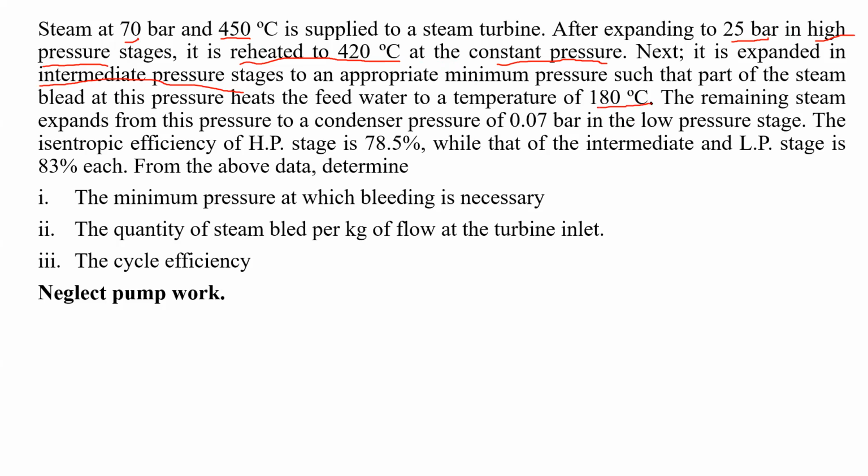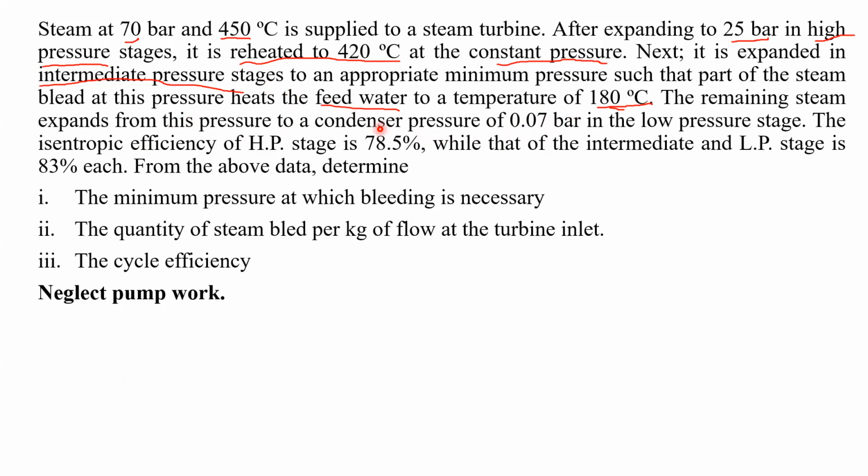Some part of the steam is sent to the feed water heater at a temperature of 180 degrees centigrade. The remaining steam is then expanded from this pressure to a condenser pressure of 0.07 bar.